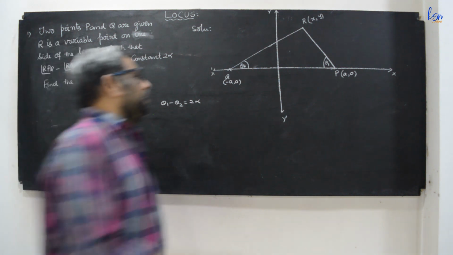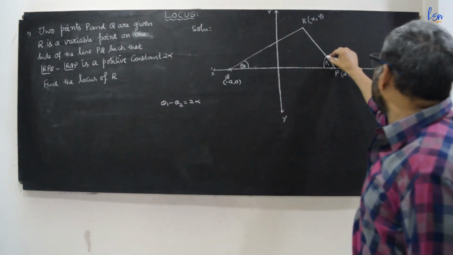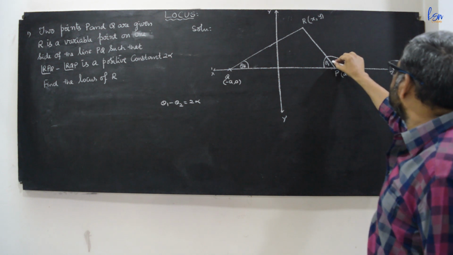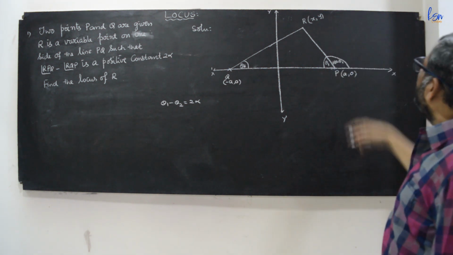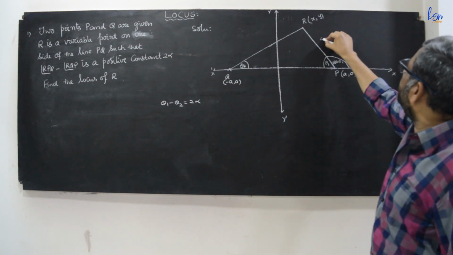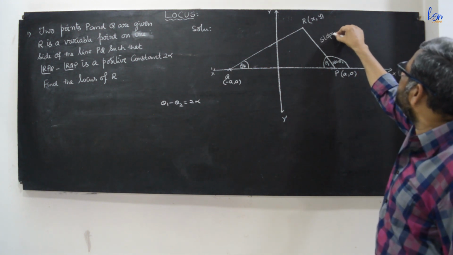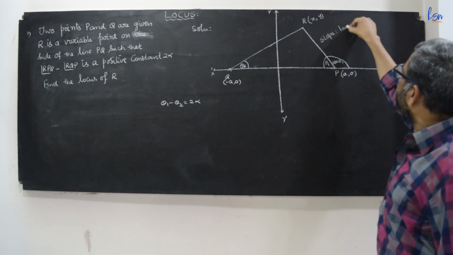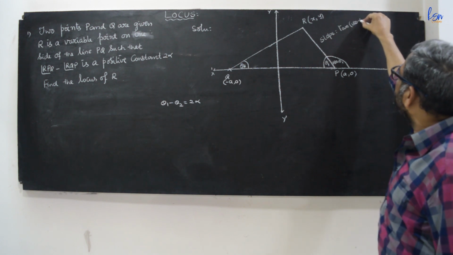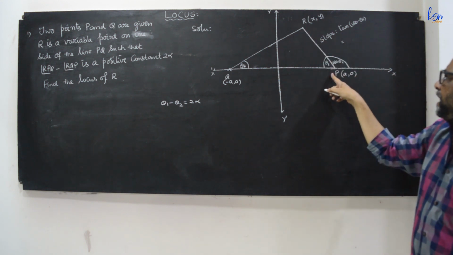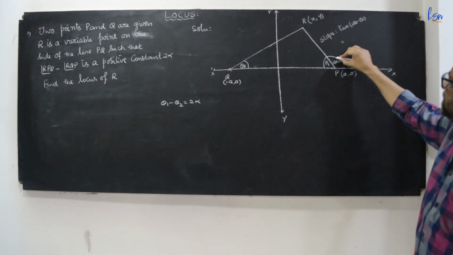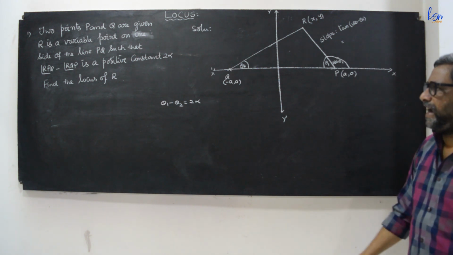Now here, if this angle is theta 1, this is 180 minus theta 1. The slope of RP is equal to tan of 180 minus theta 1, because the angle made by the line must be with the positive direction of the x-axis in the anti-clockwise sense.